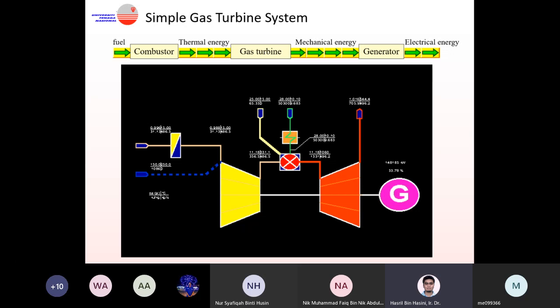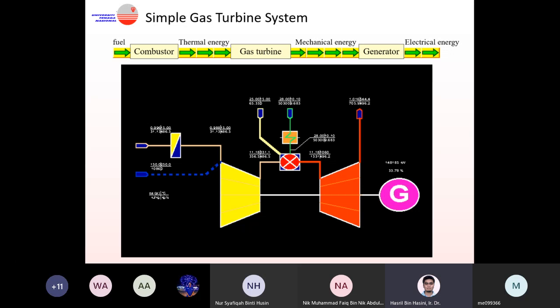The principle is fairly straightforward. You have air coming into the compressor, which compresses the air. You have an increase in pressure and an increase in temperature, and then we send the compressed air to our combustor. Combustion happens inside the combustor. The hot exhaust gas is used to drive the turbine, and then the turbine rotates the shaft.